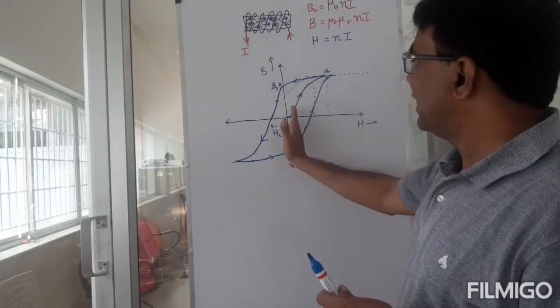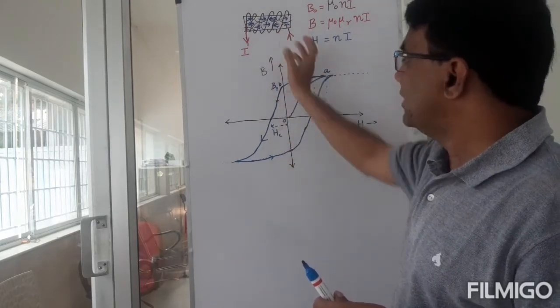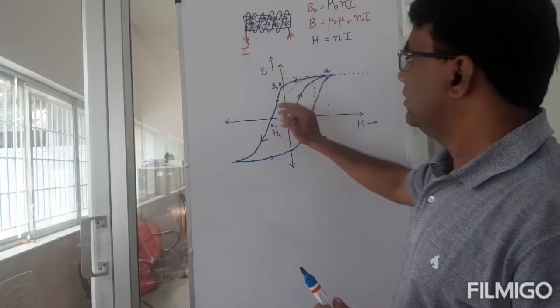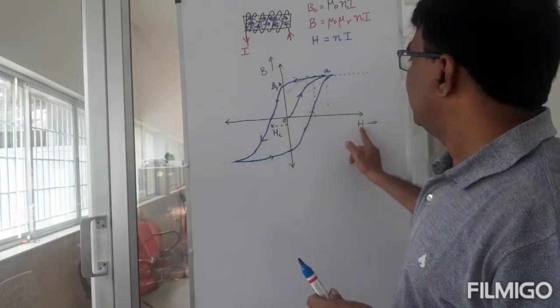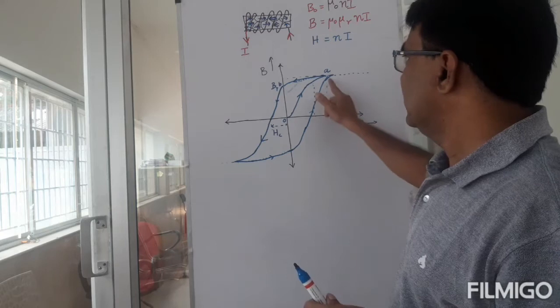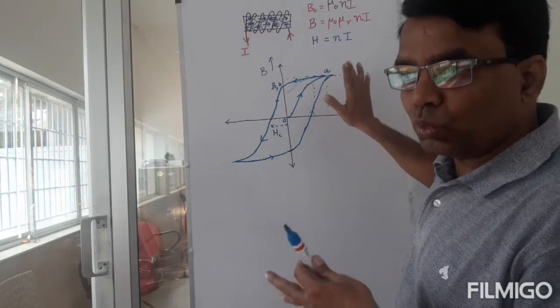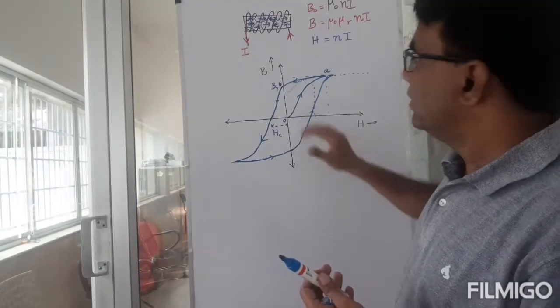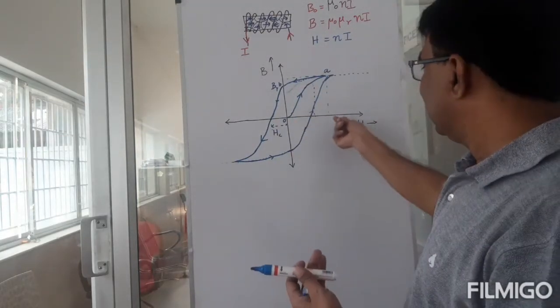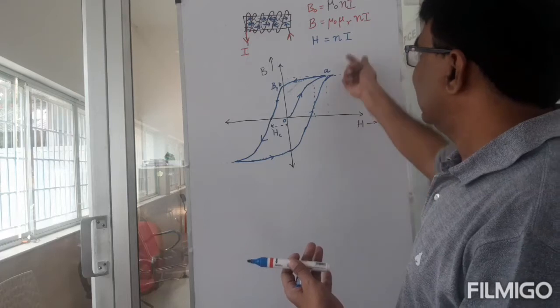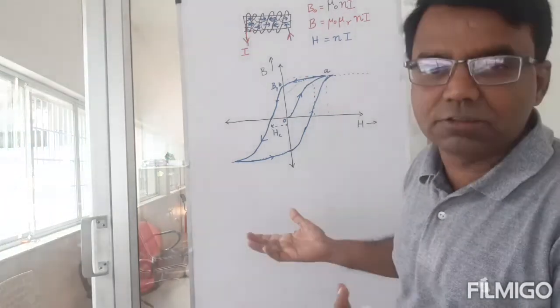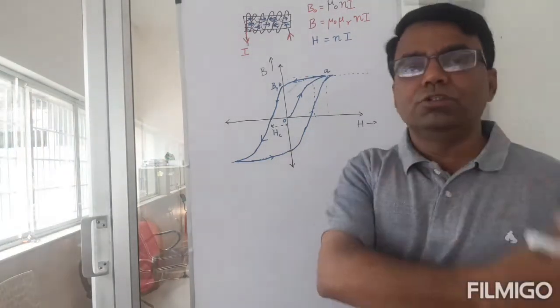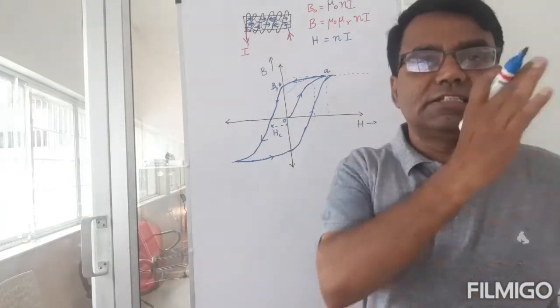So the magnetism of the material increases, and finally for some magnetic field intensity H, all of the domains will be aligned in one particular direction, and you have reached saturation. Increasing the current beyond that will not do any good, because there is nothing more to align. Everything is already taken care of.